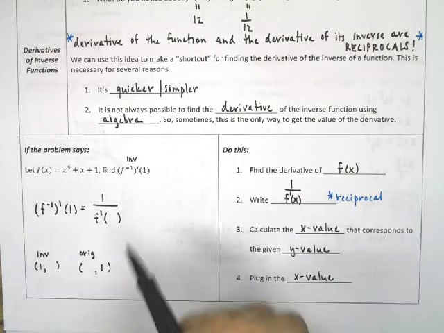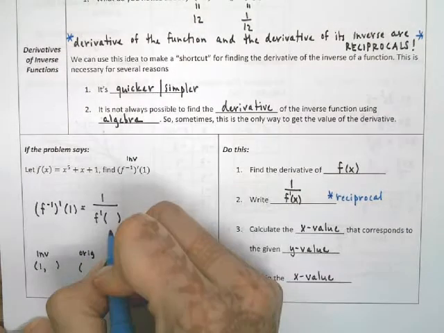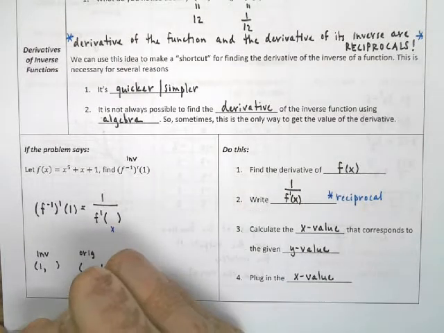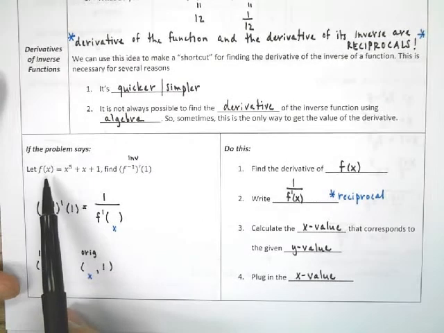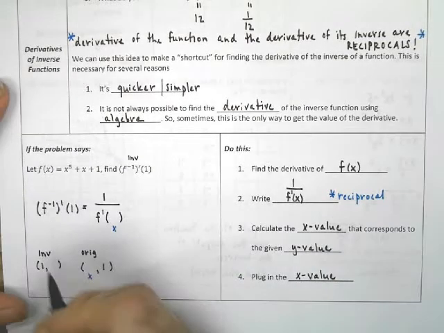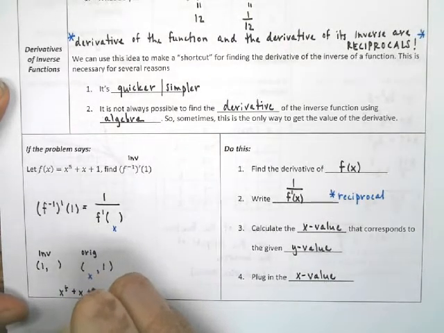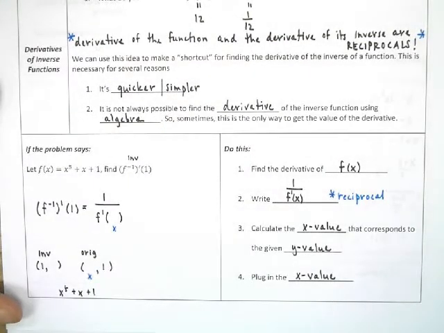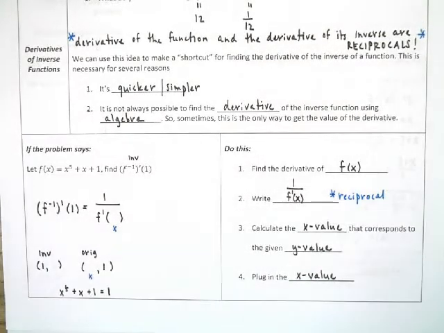My problem is that I need an x value here, right? This needs to be an x value, and I don't know that. So here's what's going to happen. I go back to my original function, f of x. I know that's x to the 5th plus x plus 1. And I know that must be equal to 1. So now I can go ahead and solve for the value of x.